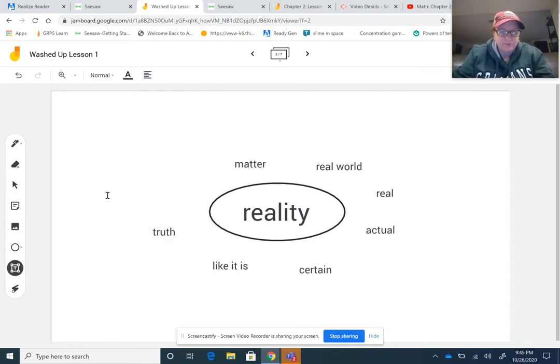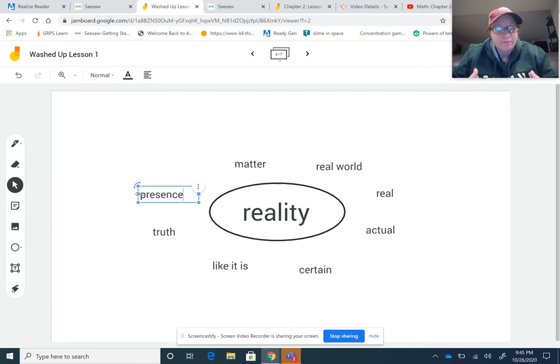It can also mean presence, like I am here, so I am real, and I am part of this reality. So there's presence. Presence is just like being. It's just there. I don't know how else to describe it.